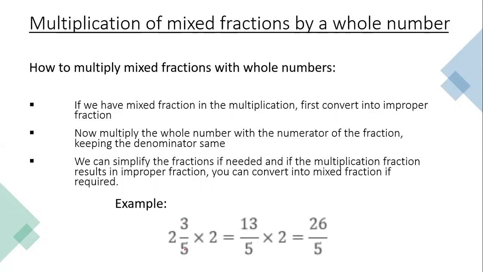That is 5 2s are 10 plus 3, that is 13/5. So 13/5 into 2 equals 26 divided by 5.